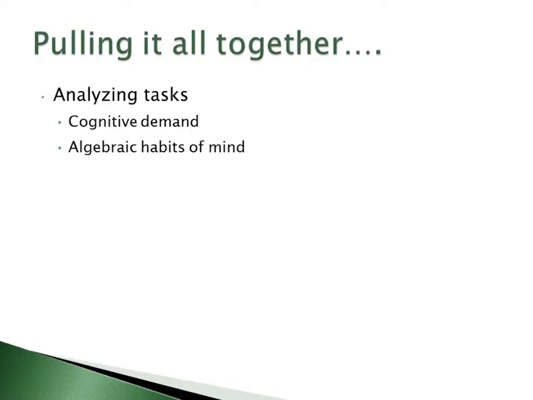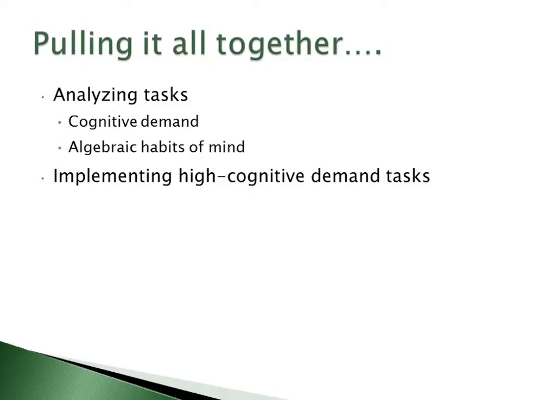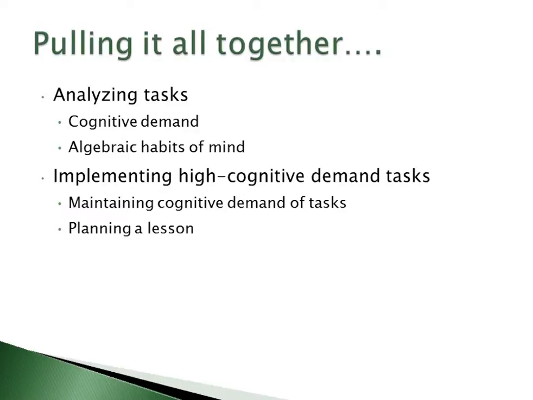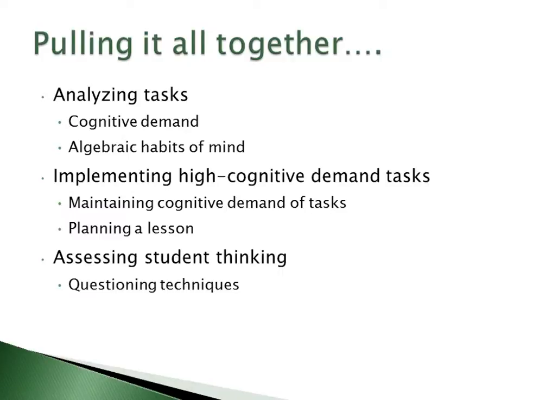We then looked at implementing high cognitive demand tasks, how we maintain the level of cognitive demand, and how we successfully plan a lesson around that task. Finally, we looked at assessing student thinking through the use of questions: assessing questions and advancing questions.